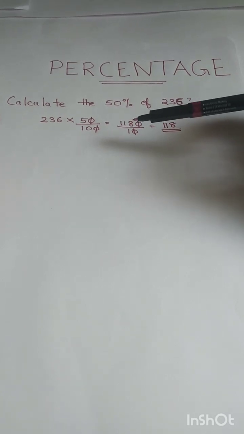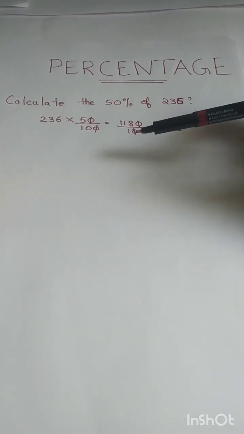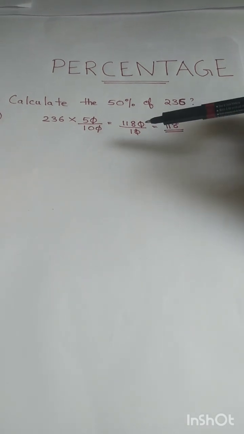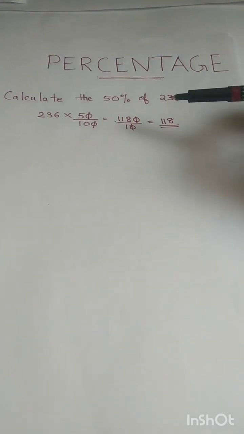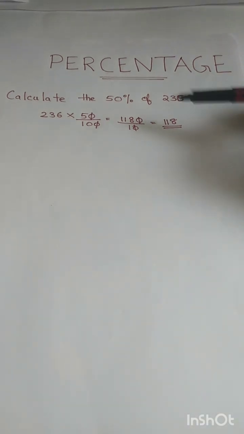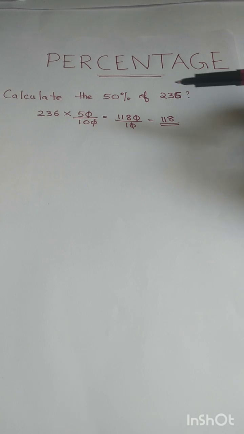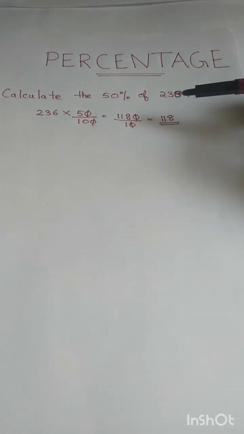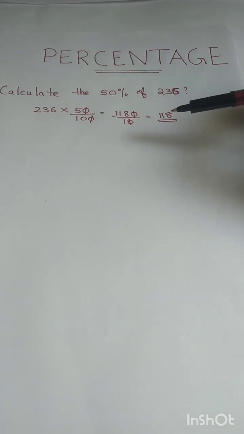So 1180 divided by the 10 left there, the zeros get cancelled, and it would be 118. But we all know that the 50 percentage of any number would be half of that number. So the half of 236 would be 118.